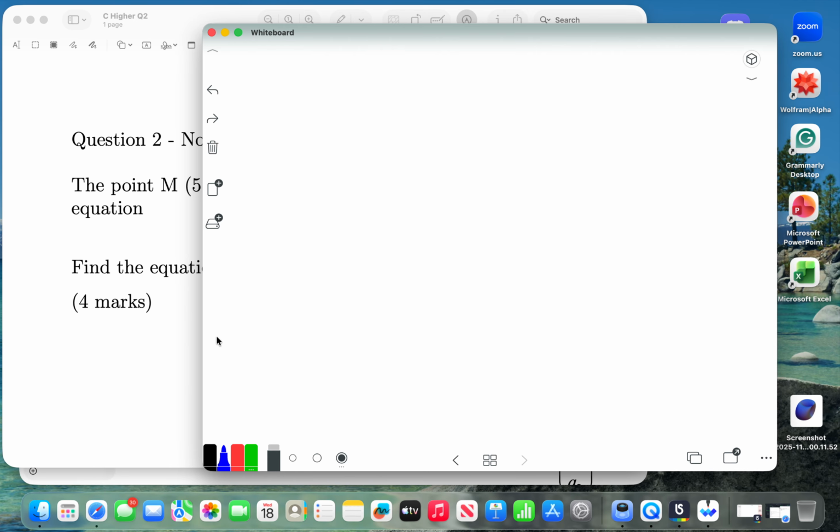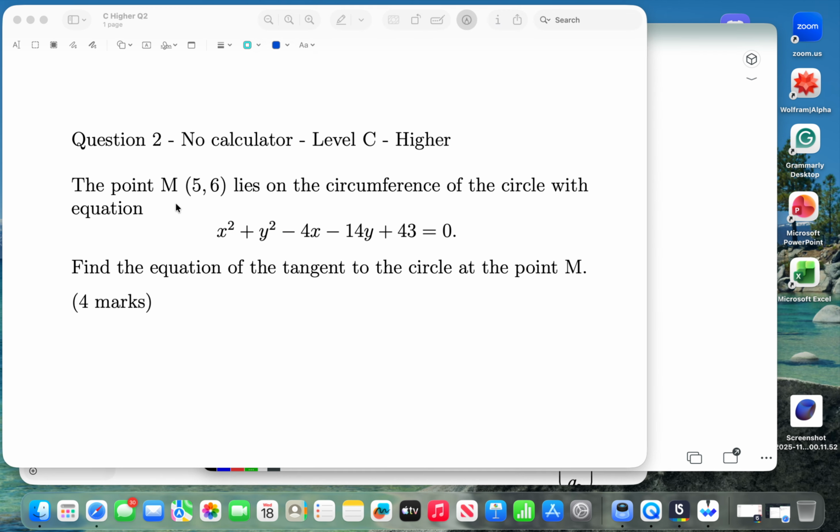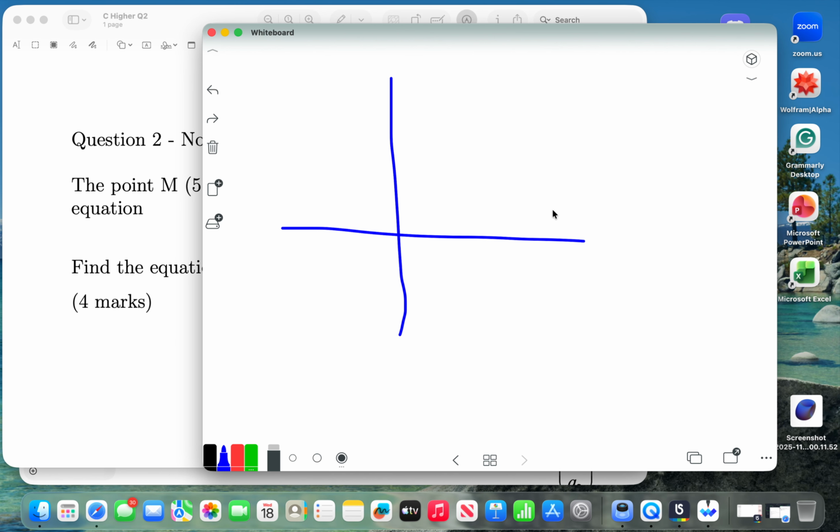Let's do a sketch of this. I know it's not straight, but you can understand what's happening. So that is on the circumference, that's (5, 6), this is the point (2, 7), which is the centre.